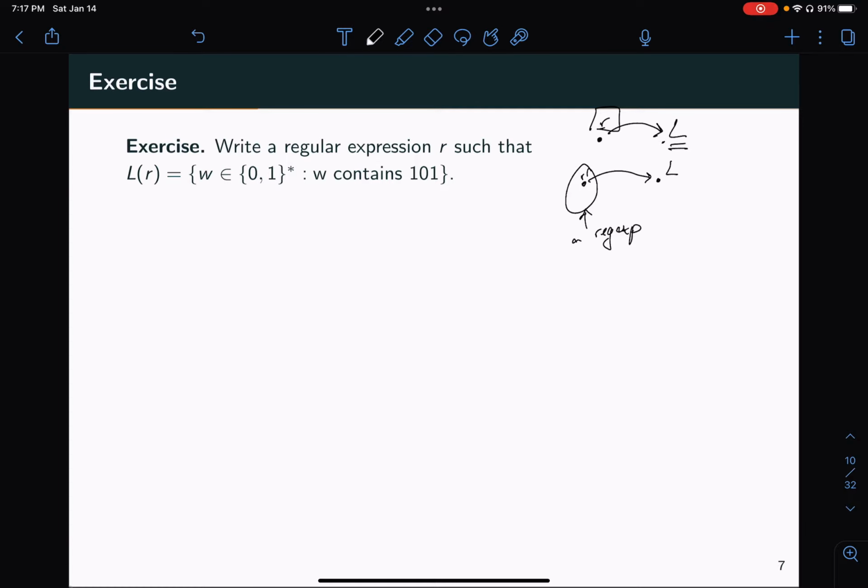The first language that we're going to look at in this video is over the alphabet {0, 1}, and it contains strings w, where w has as a substring 101. When it comes to regular expressions, you have to think a bit differently when you create them.